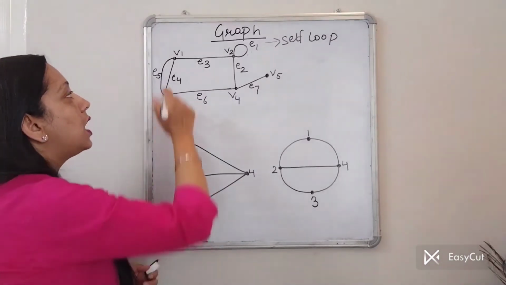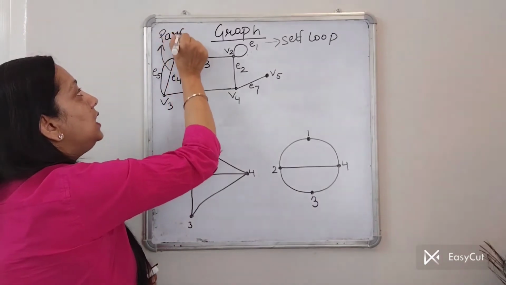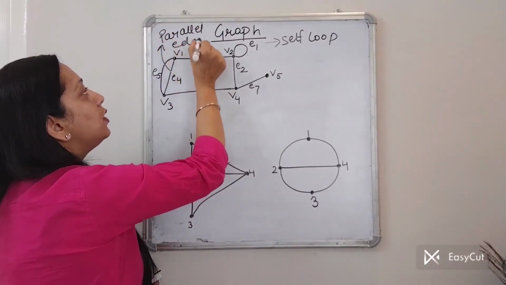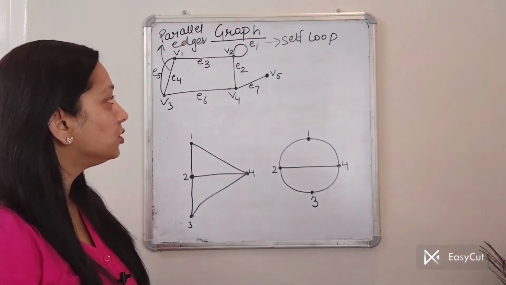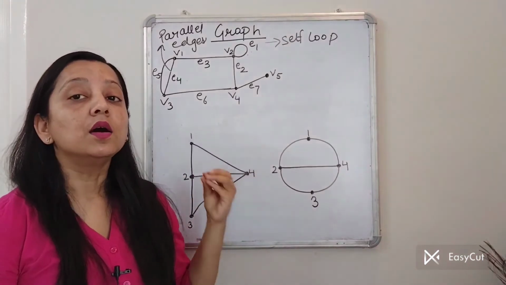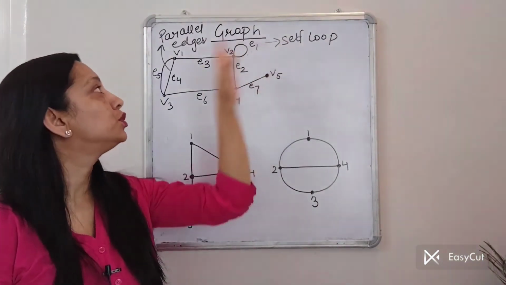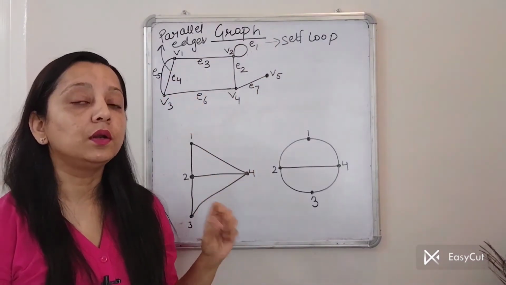Such edges are known as parallel edges. So any two edges which are associated with the same pair of vertices are known as parallel edges. And a graph which does not have either self loops or parallel edges is known as a simple graph.